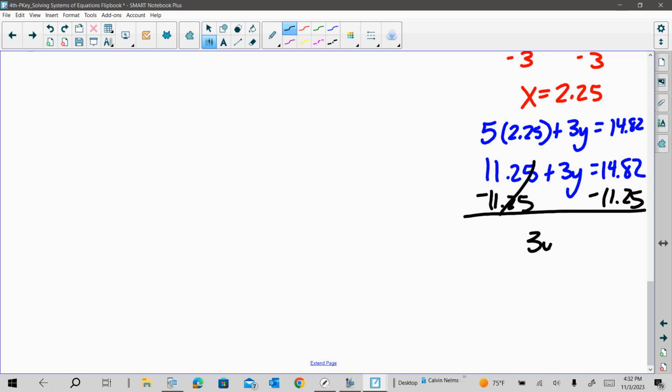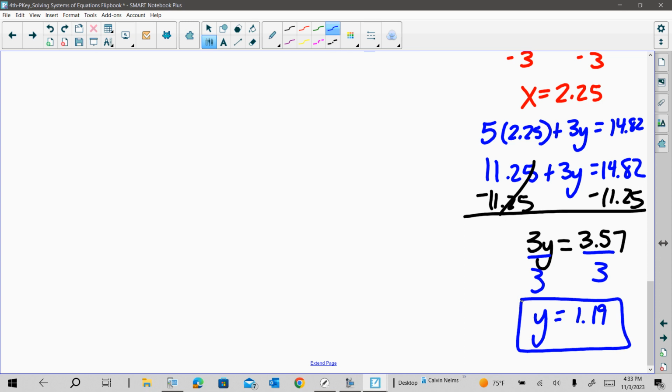Three y equals, is this right? 3.57. Yeah, that's right. Then we're going to divide by 3. So the Doritos are $1.19.